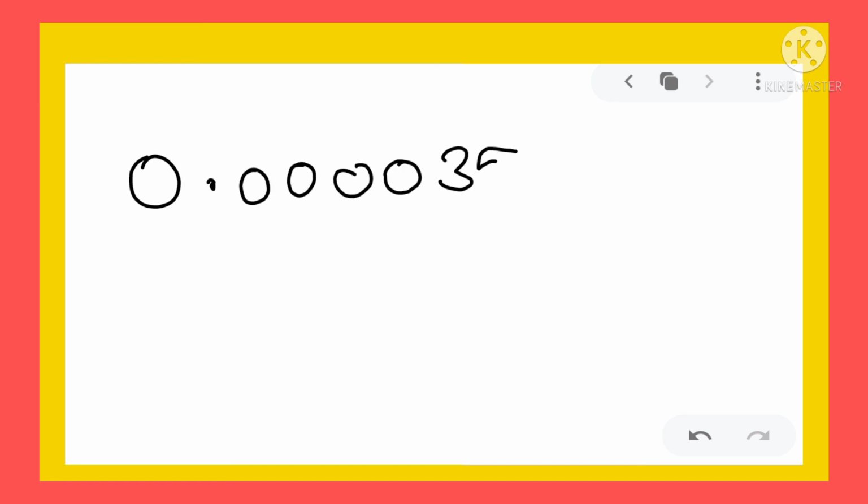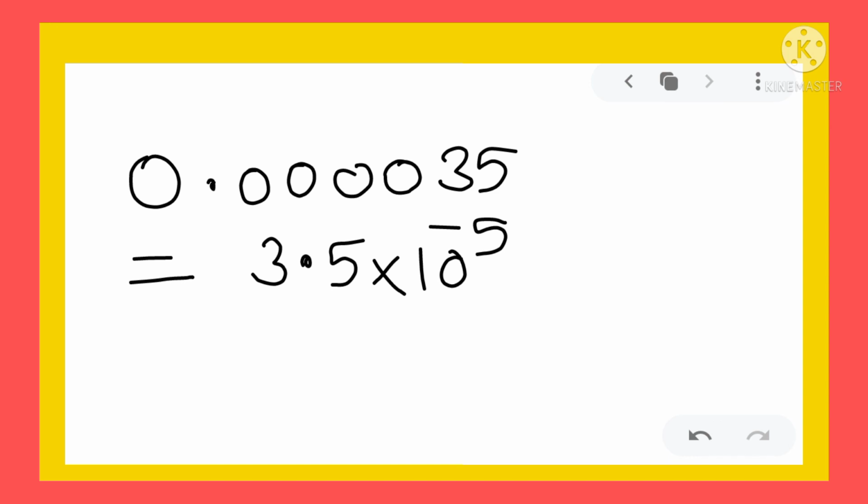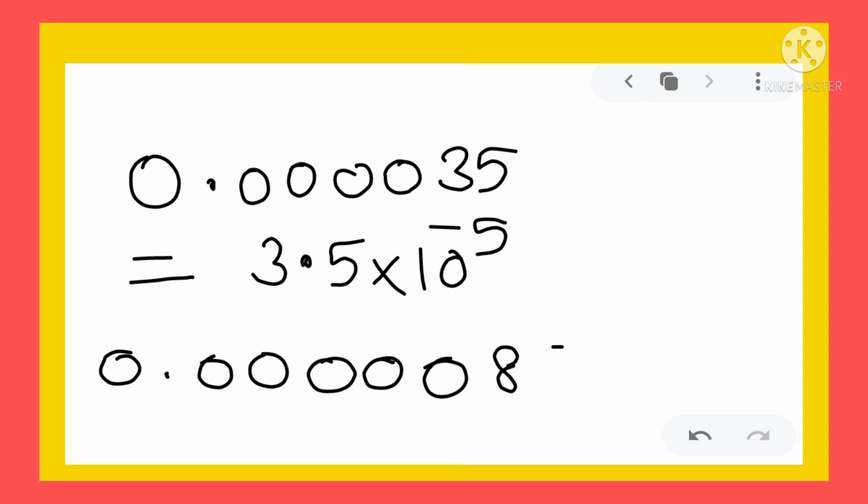Another example, 0.00035. Here this can be written as, how many decimals? 1, 2, 3, 4 zeros and 5 decimals we want to move. So it is 3.5 into 10 raised to minus 5. 0.0000085.